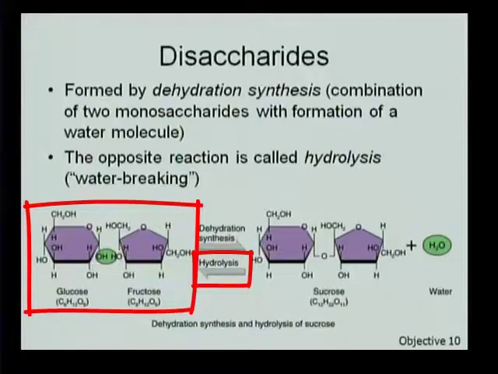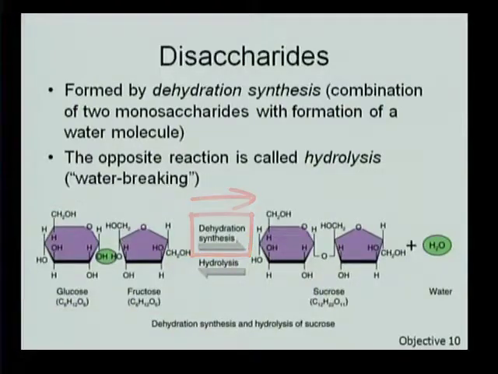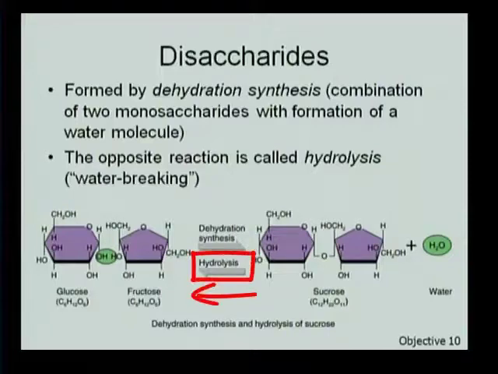When we add water back to this sucrose in a hydrolysis reaction, then we get back out glucose and fructose. So the dehydration synthesis is where we put these two monomers together into a disaccharide. When we do the hydrolysis, we're taking apart this disaccharide and making two monomers, or two monosaccharides.